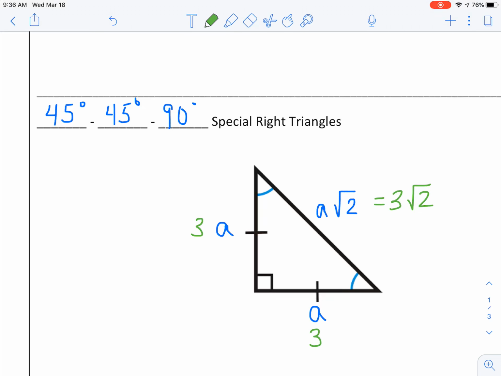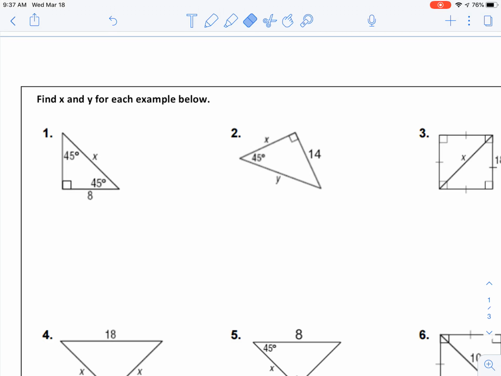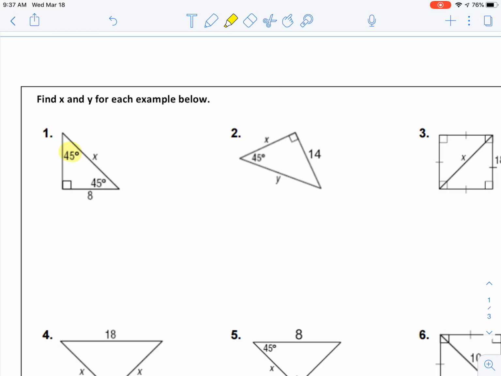Okay, so this ratio holds true for all 45, 45, 90 special right triangles. Okay, I'm going to do 2 examples, and then I'm going to let you guys do the rest on your own. If I look at example 1, I notice it's a 45, 45, 90 right triangle.